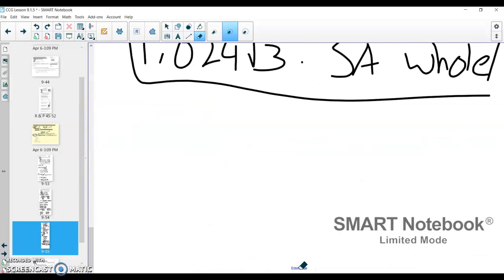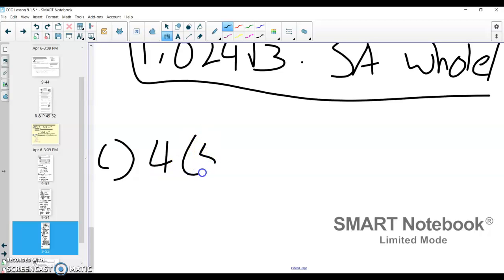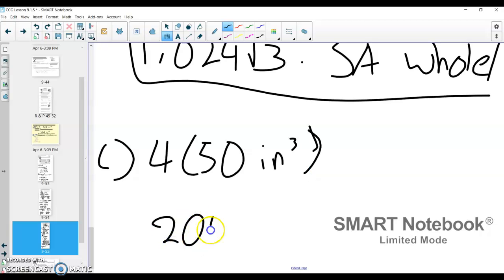You have that gap made up of 4 smaller tetrahedrons. And in that problem, it says each small tetrahedron has a volume of 50 inches cubed. And so that volume in the middle is 4 times 50, which means it is 200 inches cubed.